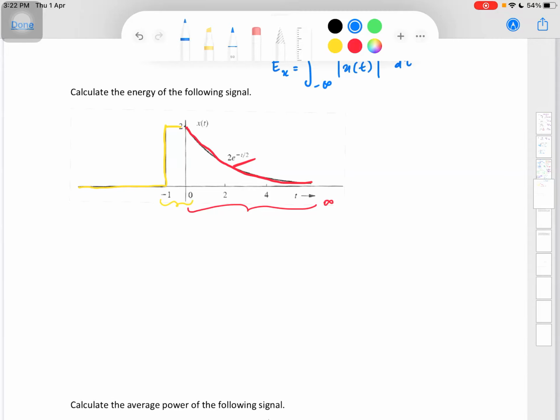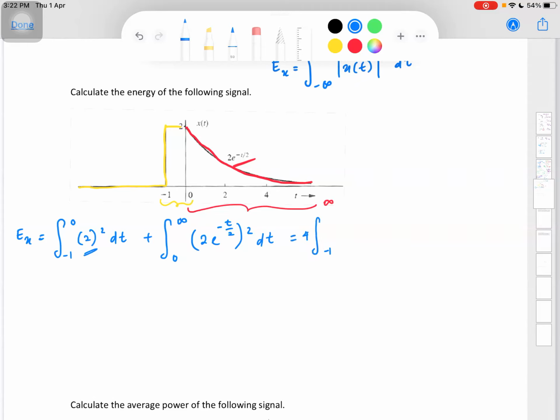So it means when we calculate the energy, we have to calculate them separately. Okay, so we have from -1 to 0, our signal is the step signal with amplitude of 2, squared dt, plus the one from 0 until infinity, of (2e to the minus t over 2) squared dt. Okay, so this 2 is just a constant, so we can take it outside.